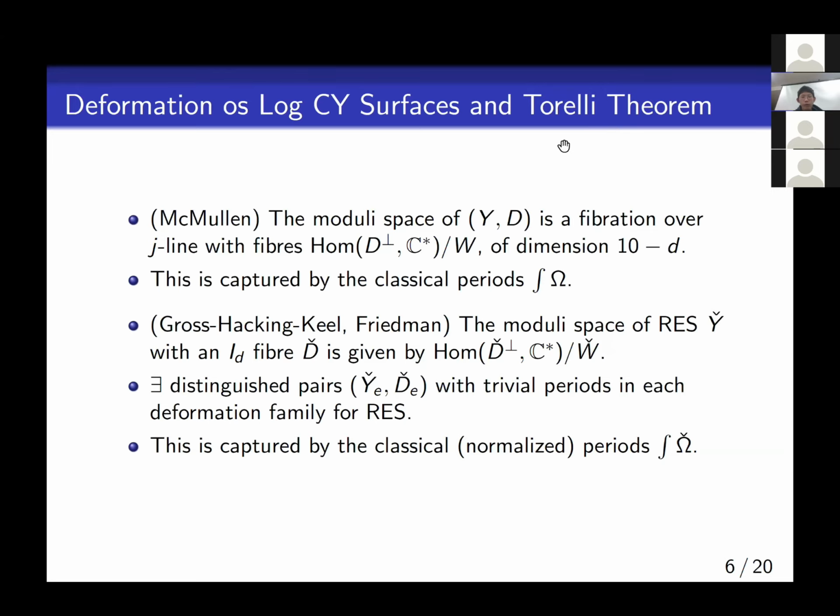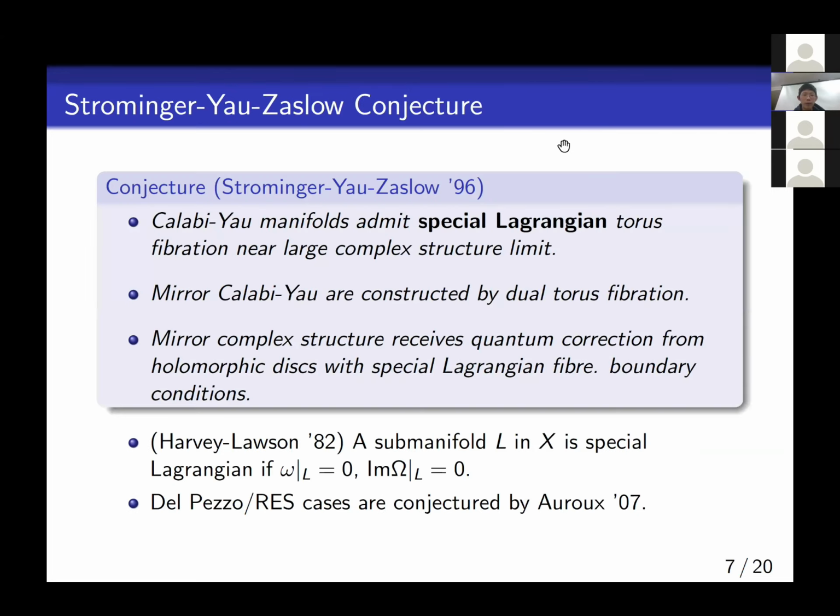So now we're going to explain the goal I'm trying to work on. The Strominger-Yau-Zaslow conjecture predicts that a Calabi-Yau manifold would admit a special Lagrangian torus fibration near large complex structure limits.